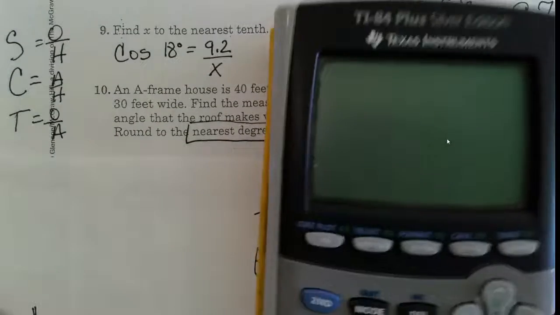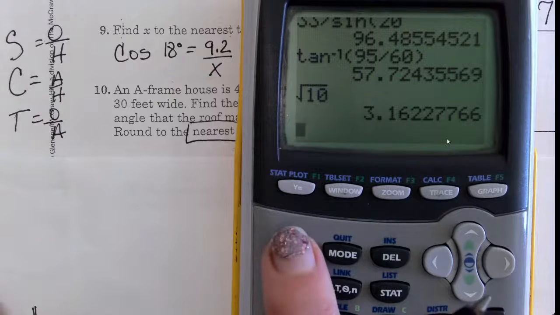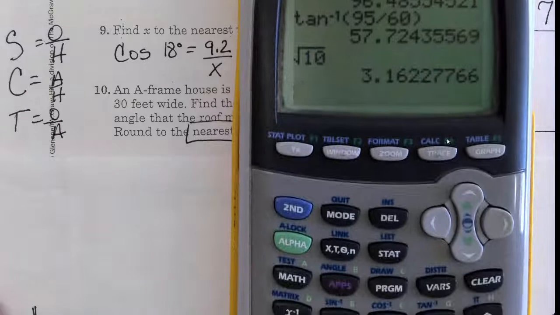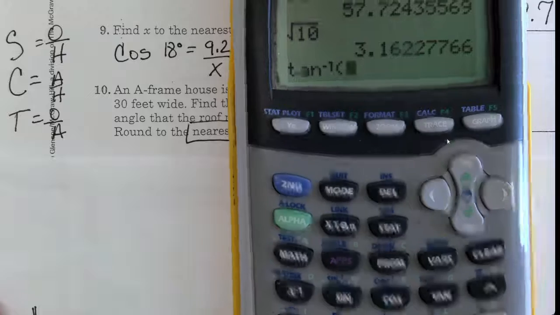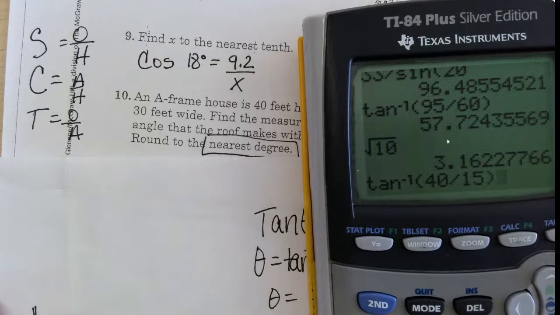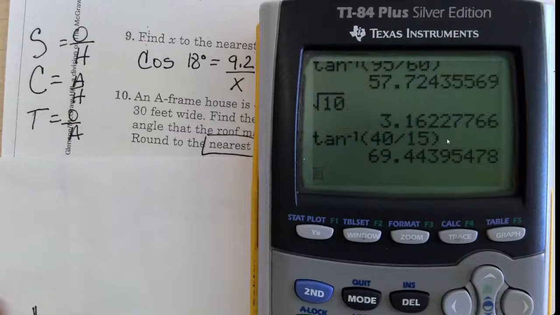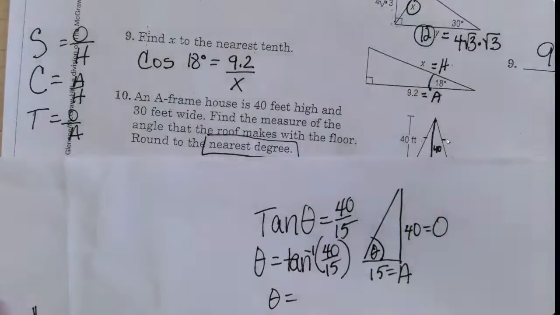So on your calculator, you're going to do second tangent 40 divided by 15. Is that the right numbers? So what is that to the nearest degree? So the nearest degree would be the nearest whole number. 69. So our answer there is 69.